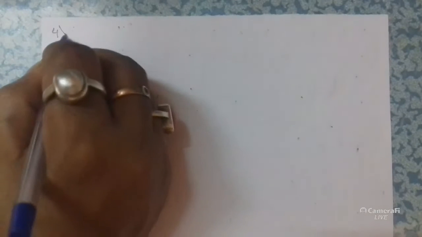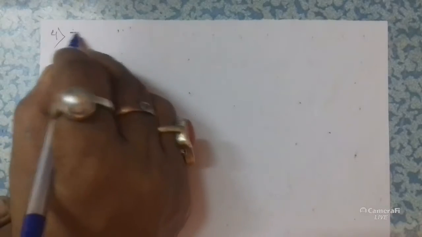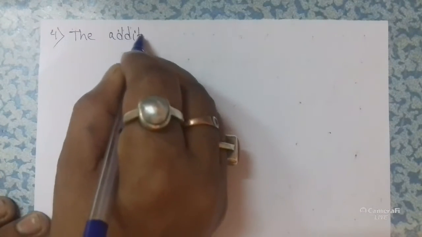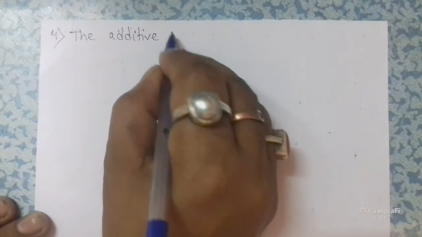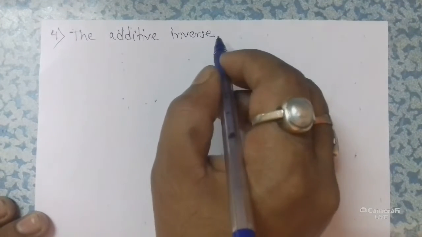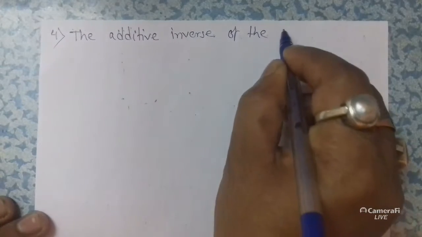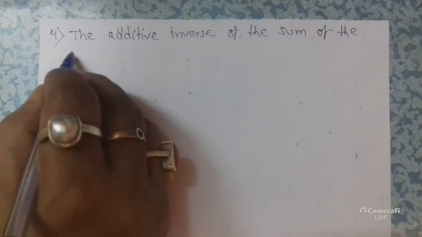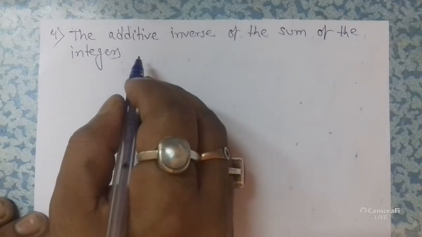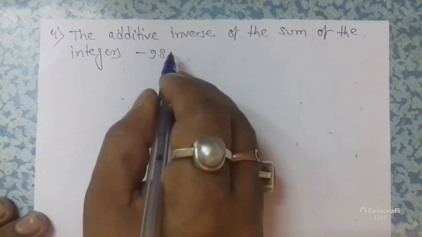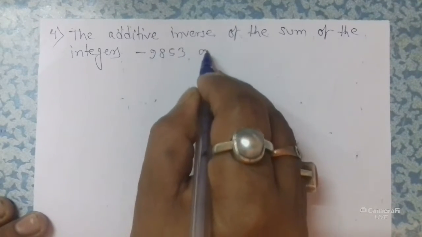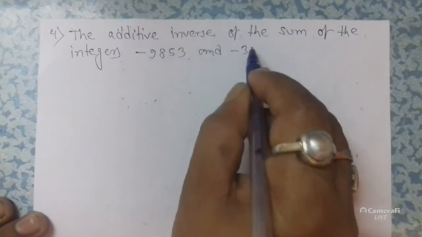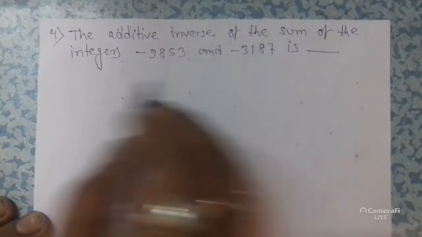Next problem. The additive inverse of the sum of the integers minus 9853 and minus 3187 is.